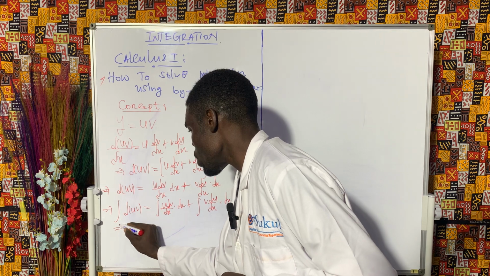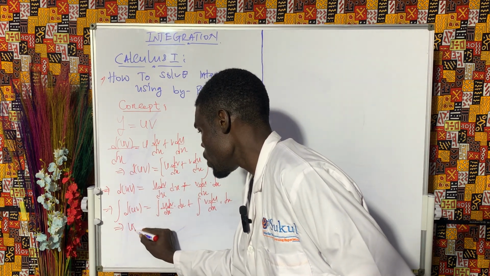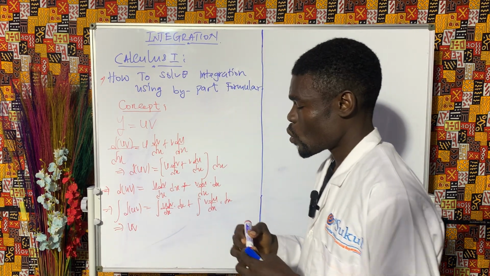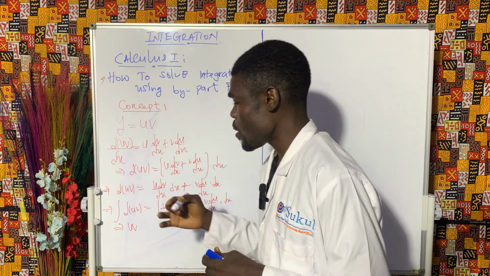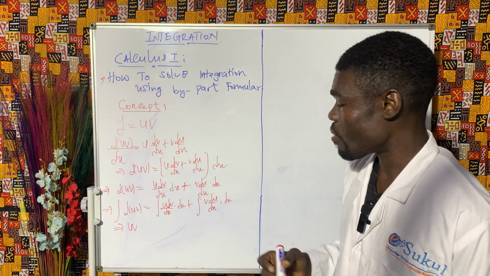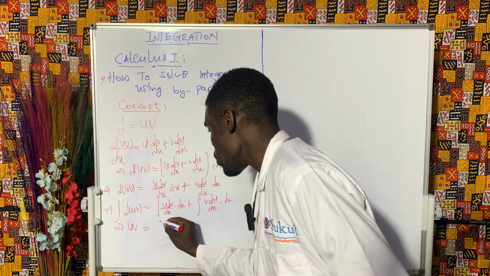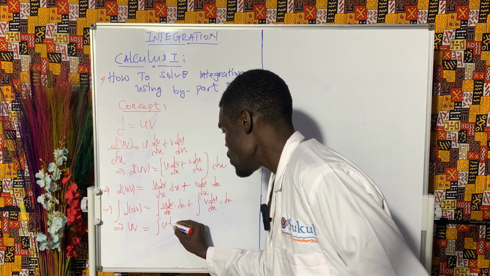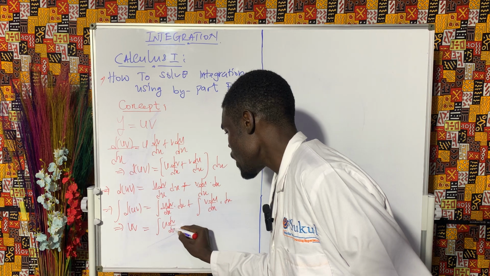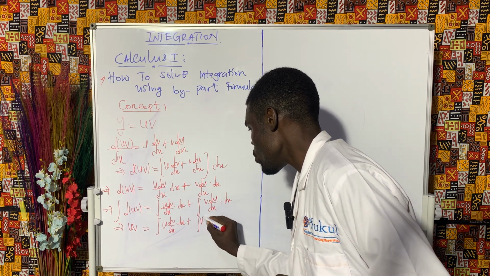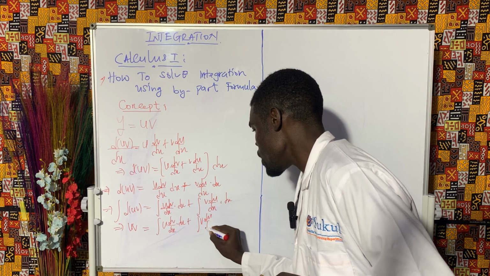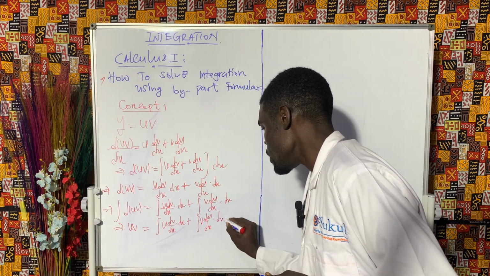So as a result, integrating 1 with respect to uv generates uv, since uv is the only parameter accepted by the integral. So we are going to have uv equals the integral of u dv/dx times dx plus the integral of v du/dx times dx.